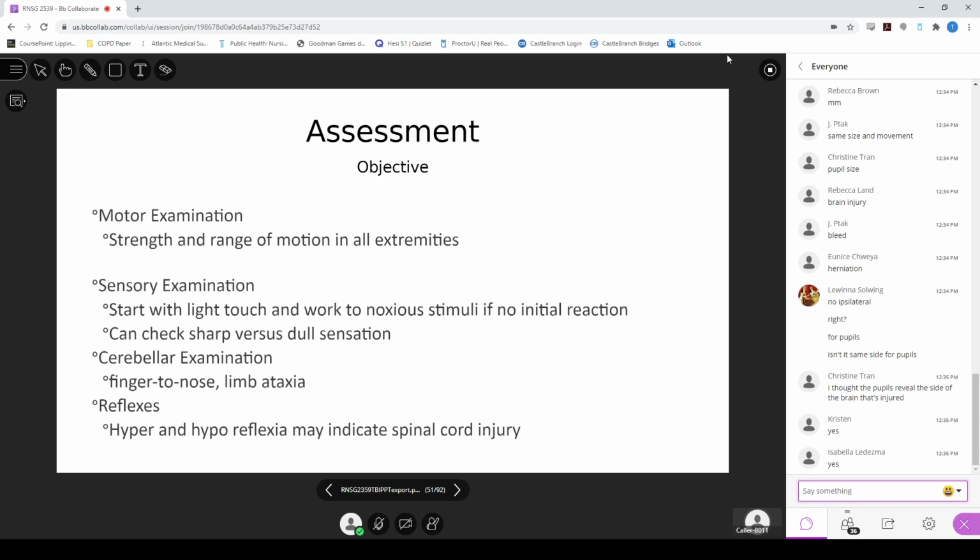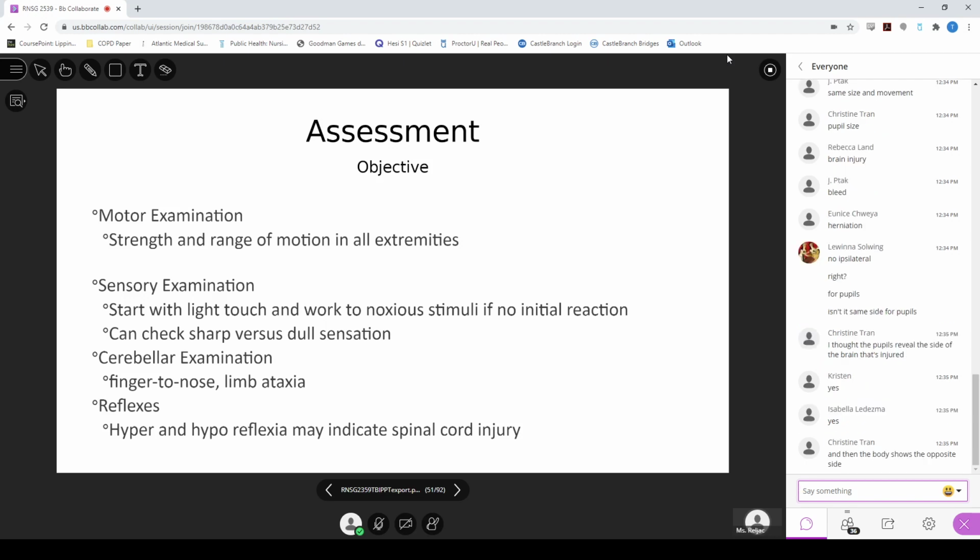Okay, so with an irregular or sluggish response, or fixed, or only one side fixed, then you know that there is damage and a bleed somewhere or a hematoma. The worst one is obviously the fixed and dilated, and that means the brainstem is damaged in some way.